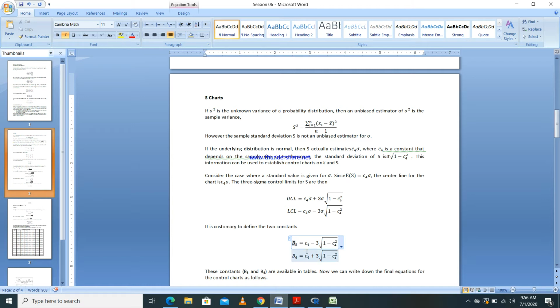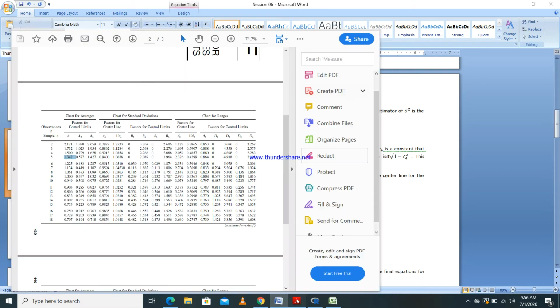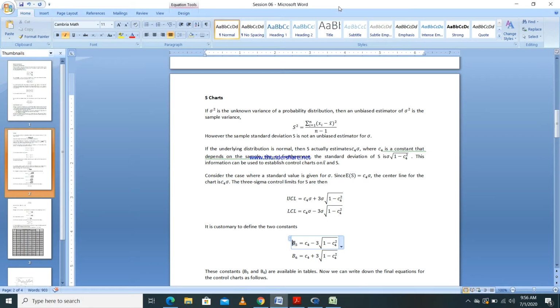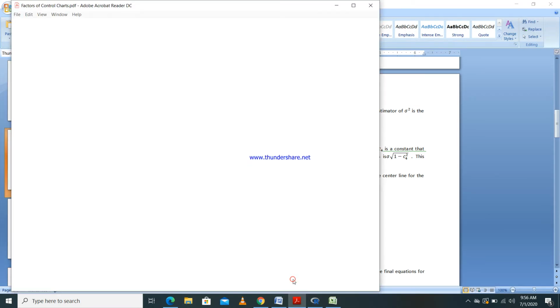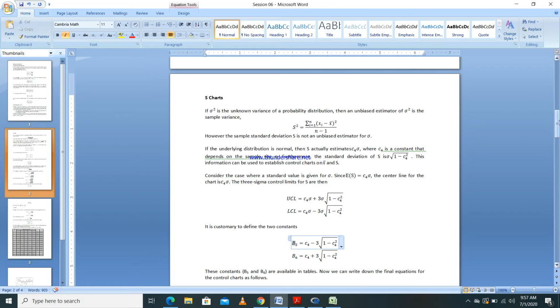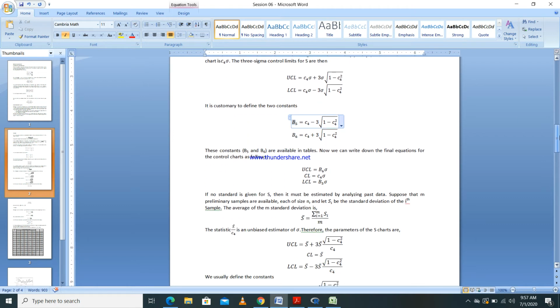So these two you can take as B5 and B6, because if you look at the factor table, you can read B5 and B6 values in the factor table. So you can directly substitute these values to the equation.